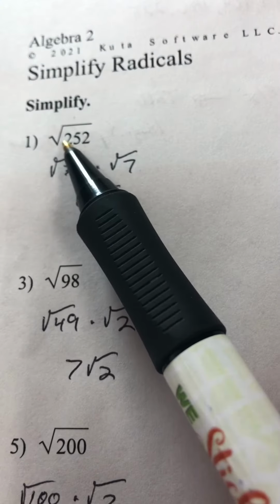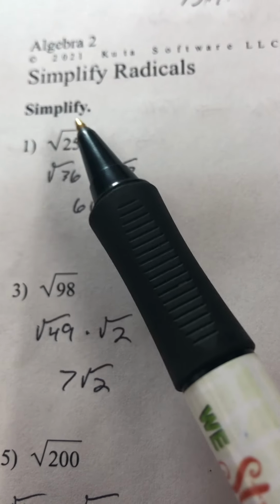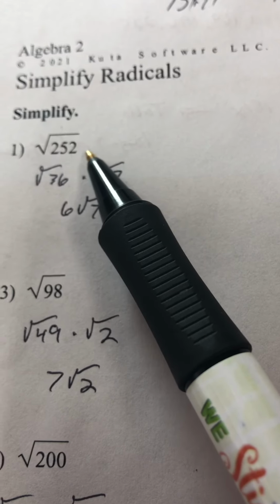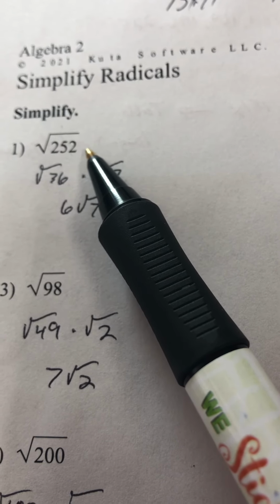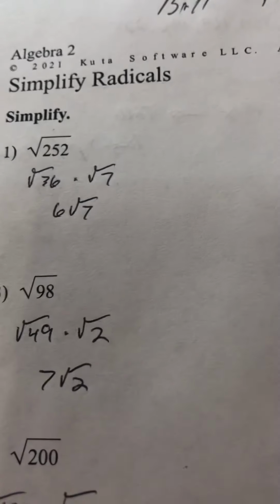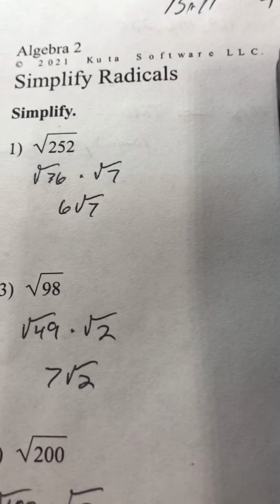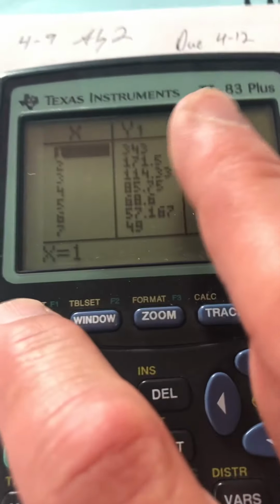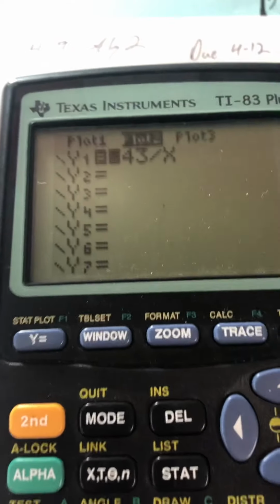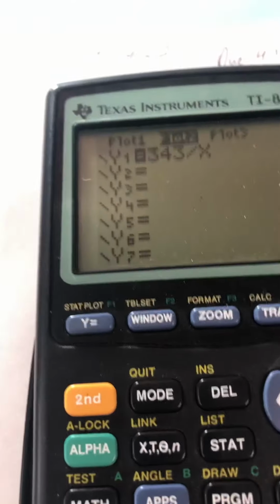Okay, so 252, you could start listing and it would take you forever, all of the factors of 252. Or you could go in your calculator like Miss Bell had us do.